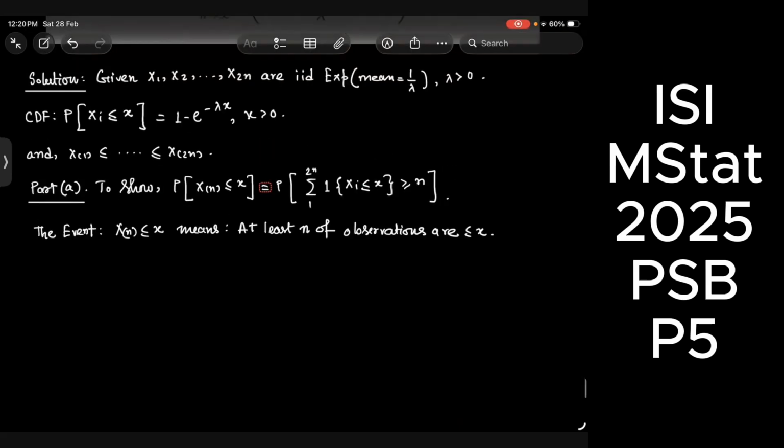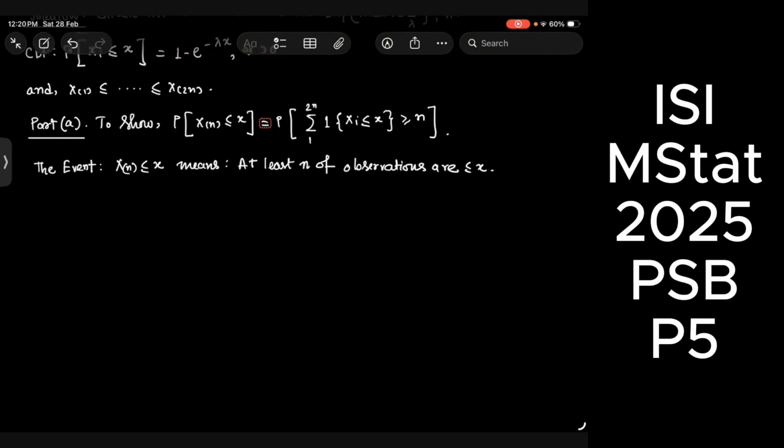So why is this so? You have x1, x2 up to x2n, and you arrange these numbers as x order 1, x order 2 up to x order n, then up to x order 2n. These are nothing but the arrangement of the numbers in the first row.